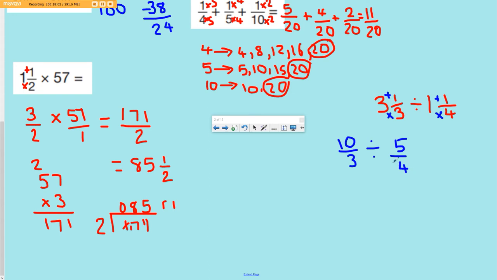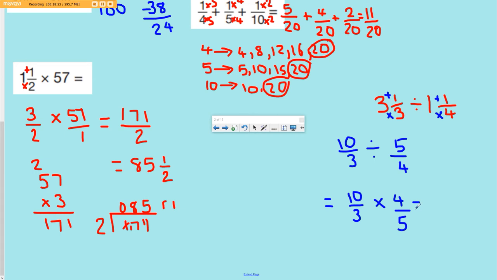Now we flip the second and multiply. So we've got 10 upon 3 times by 4 upon 5.